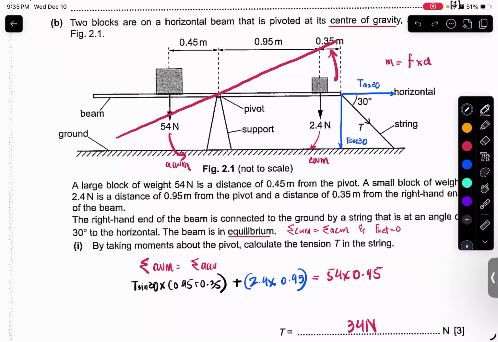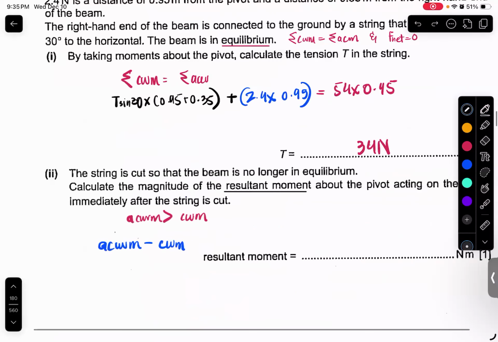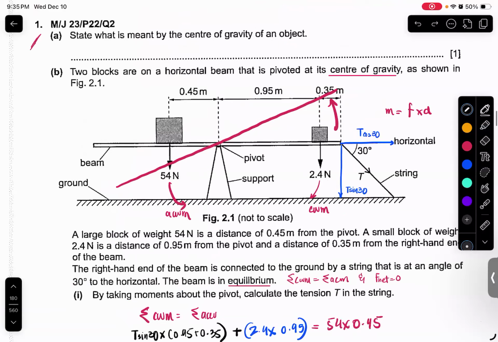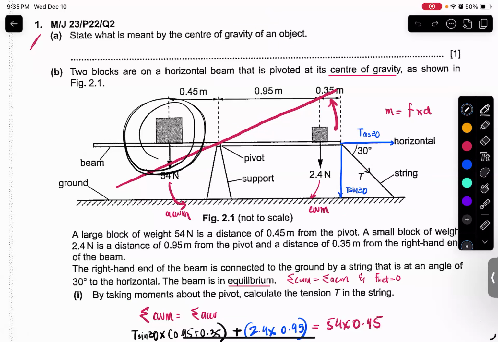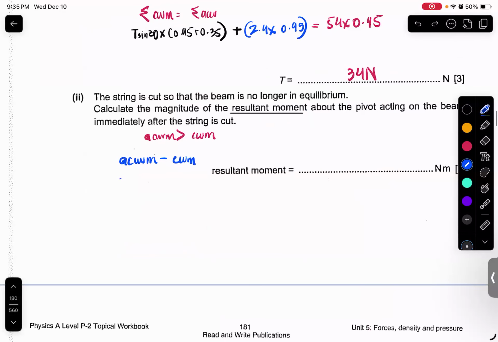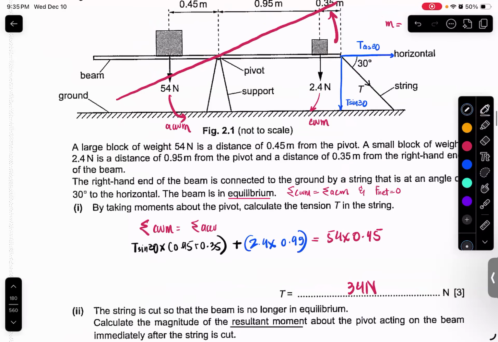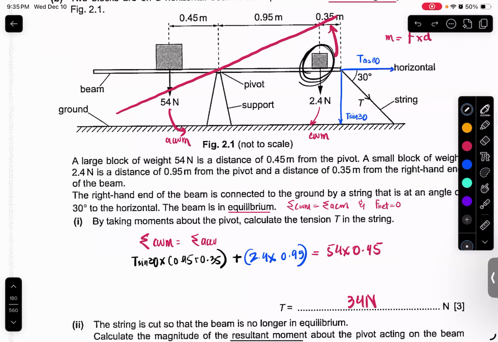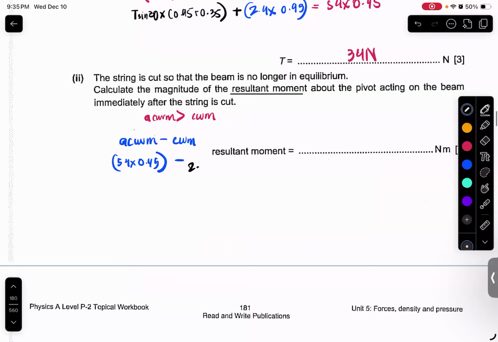The anti-clockwise moment was just 54 into 0.45, because this was turning you anti-clockwise, minus the clockwise moment after the string has been cut. This was the only thing providing clockwise moment, so 2.4 multiplied by 0.95. And that's the answer.